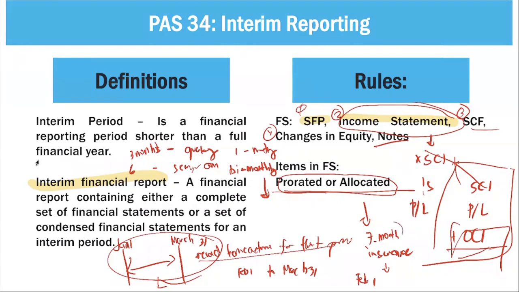Okay, so in our example, we have a 7 month insurance purchased on February 1. We will only report February 1 to March 31 for our interim report. Okay, so interim period, less than 1 year. And just remember, you just need to present the items you need to present on those periods. And if ever, you should prorate for intra-period transactions, such as this one. So we have your 7-month insurance expense. So you will only report 2 months here.